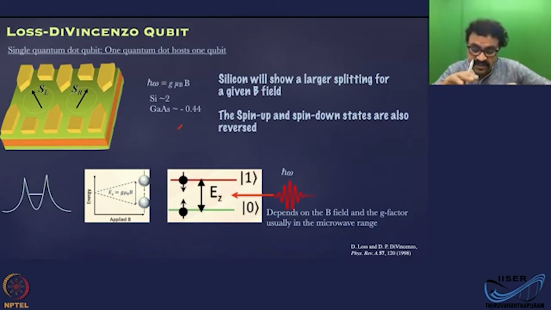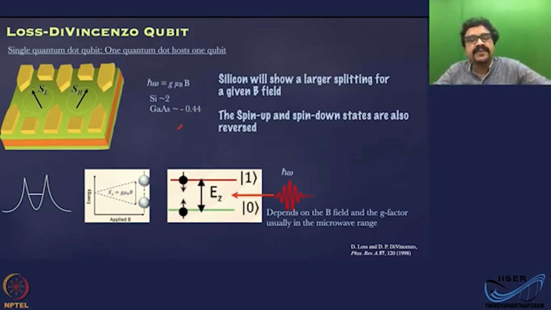So you can get appreciable energy splitting even at a much lower field for silicon, which would work in favor of silicon. There are a lot of elements which work in favor of gallium arsenide also. But on average, the entire technology is moving towards silicon, not towards gallium arsenide, for various reasons. Also the configuration of spin up and spin down will change because there is a sign change of the g factor.